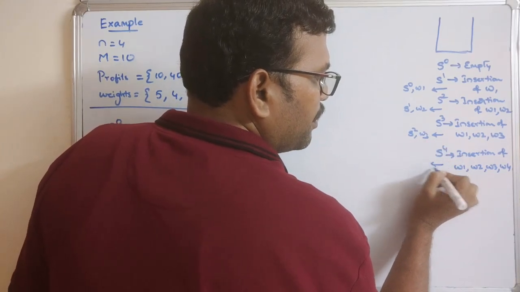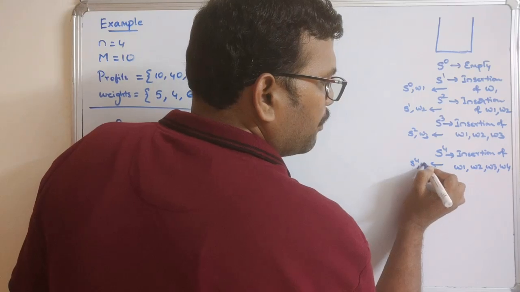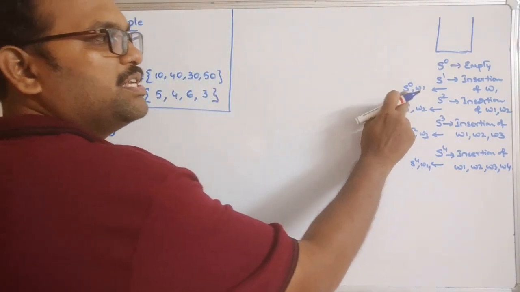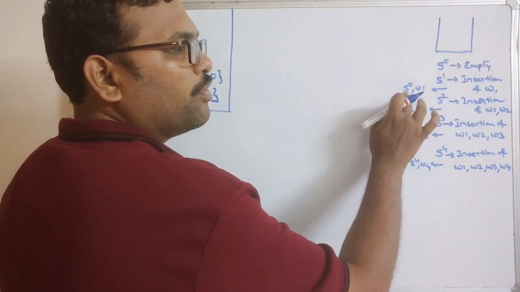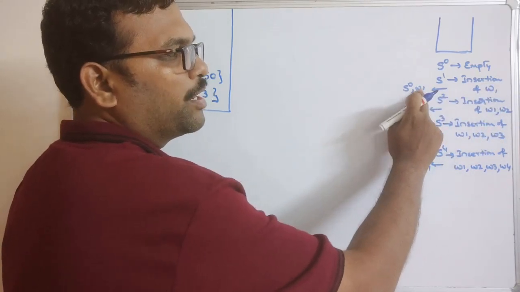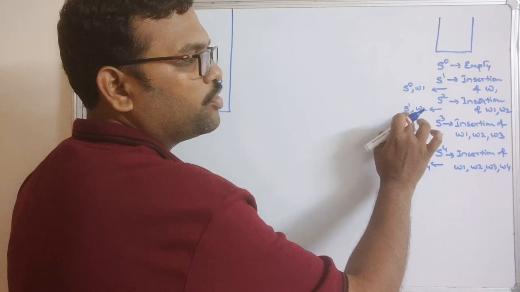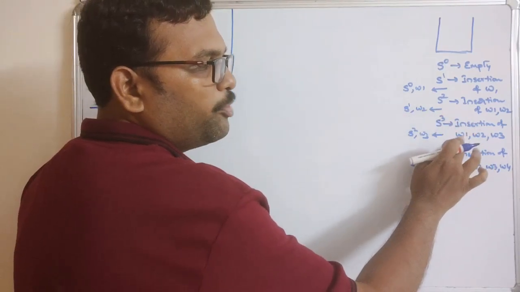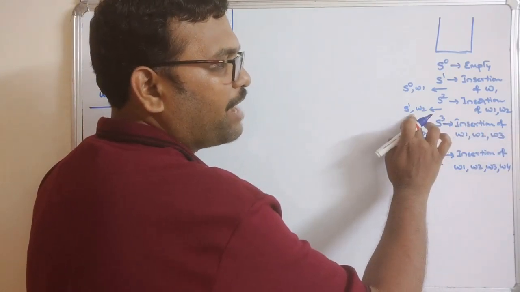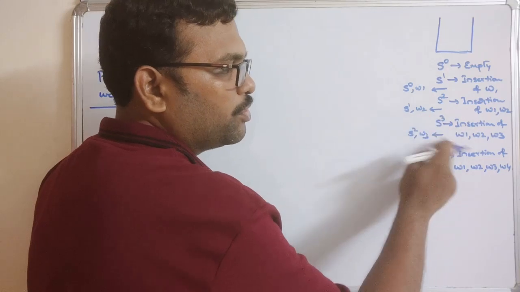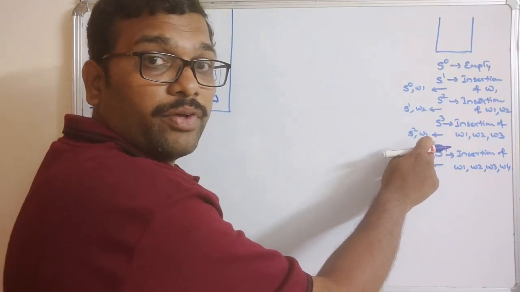Here you can say S3 comma W4, because S1 is empty. So empty, we are adding W1, and here W1 and W2. W1 means nothing but S1. So S1 comma S2. Here W1, W2 and W3. S1 is having W1 and W2. So adding the third one, right?